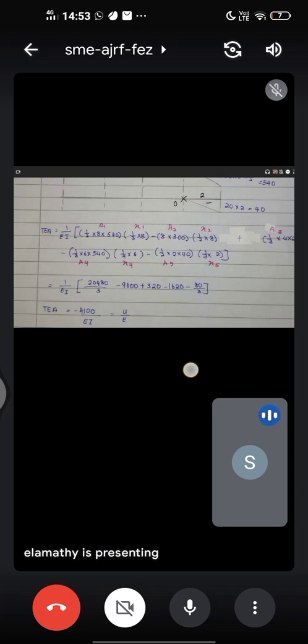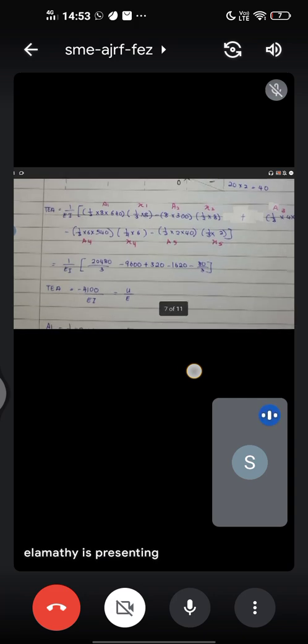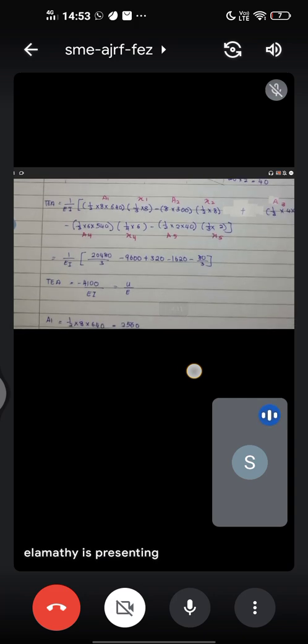So the final will be 20480 over 3 minus 9600 plus 320 minus 1620 minus 80 over 3.